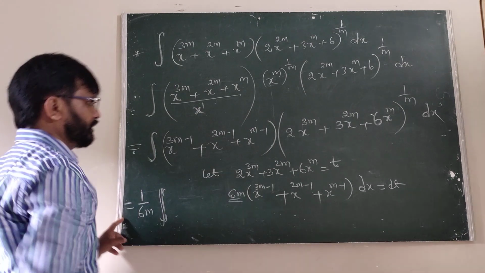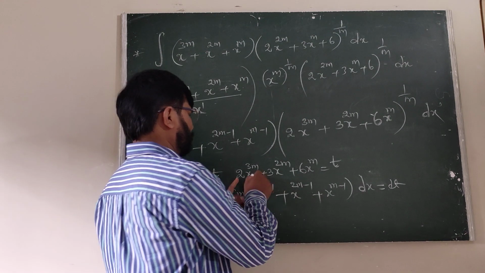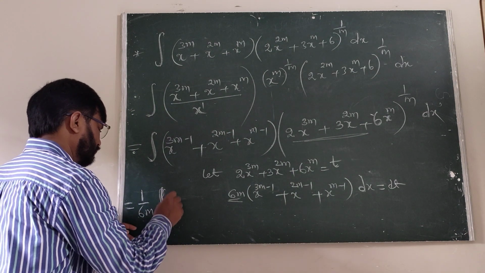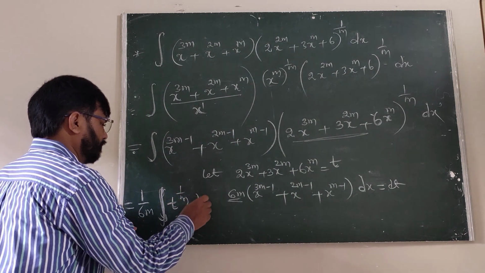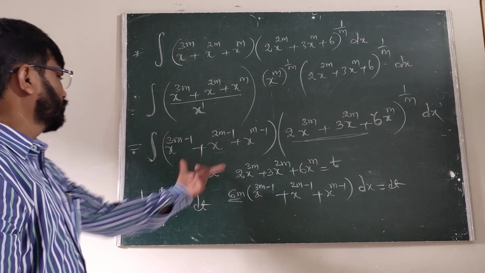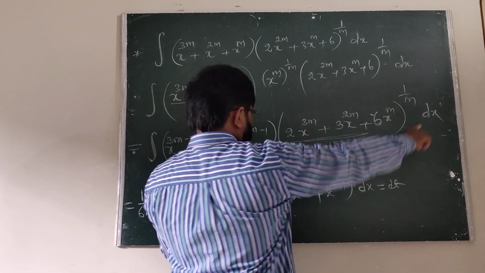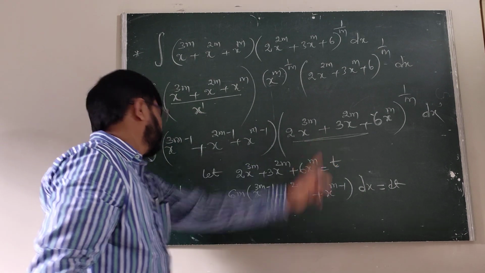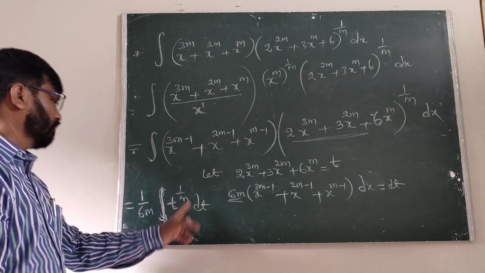This part will be t. Now this is t^(1/m) dt. Is it clear? So this one into dx is 1 by 6m into dt, and we are taking this as t. Therefore t^(1/m) dt.